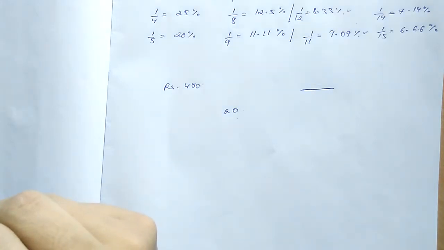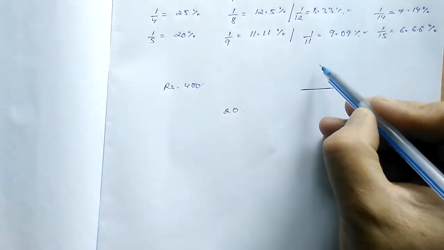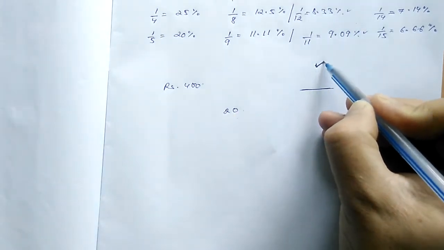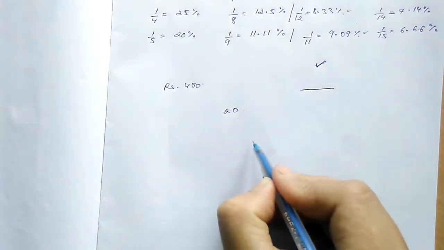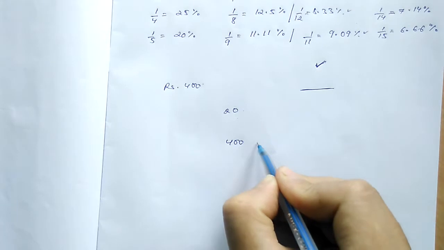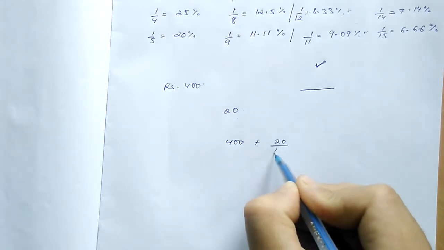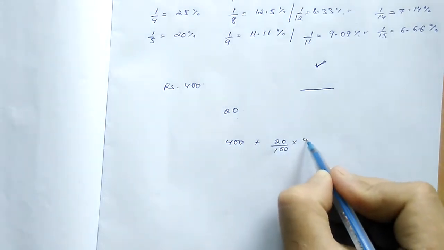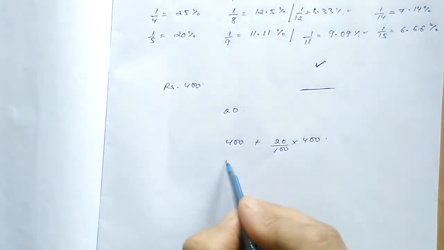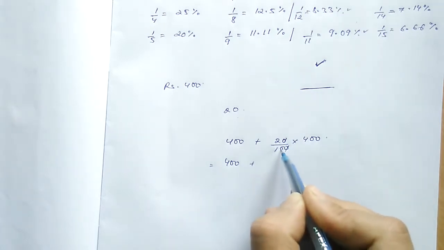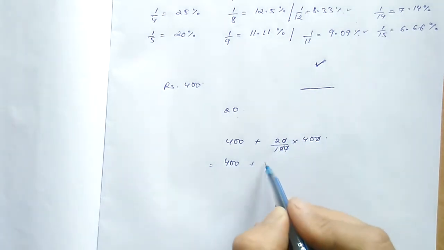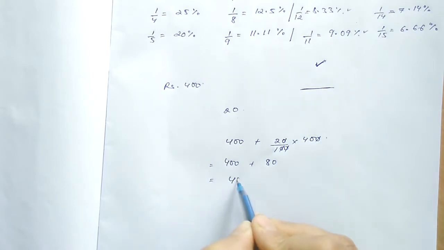Now somebody gave me 20% more. What will be my new amount? So basically what people do is they write 400 plus the 20% of 400. 20% of 400 is 80, so 480 is my answer.